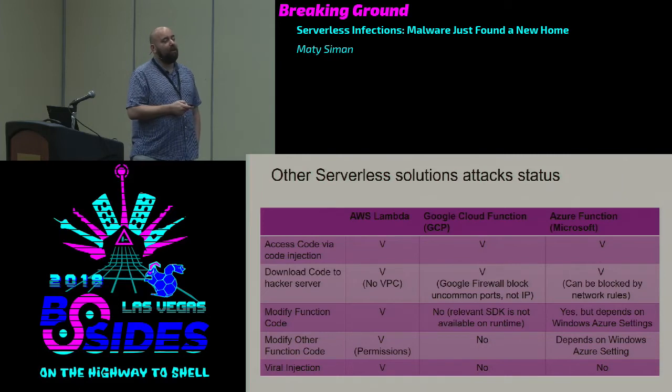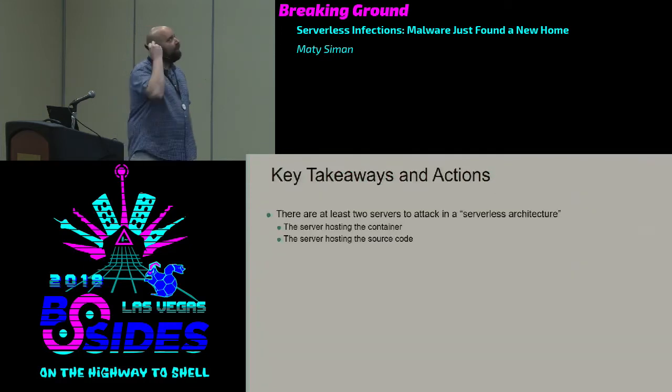Not possible in Google yet. Again, setting-dependent in Microsoft. And viral injection, we already managed to do it in AWS Lambda, working on the rest, so maybe soon. I'll keep you posted.